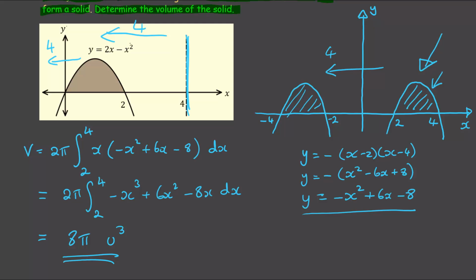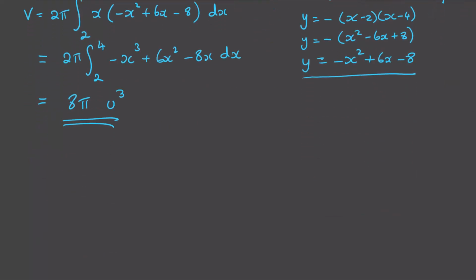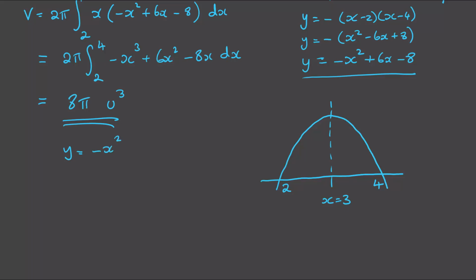So how else could we have done this? Well, remember that we have this quadratic, and we have the intercepts at 2 and 4. And that means that x equals 3 would be the line of symmetry there. So we have y is equal to negative x squared plus 6x take away 8.